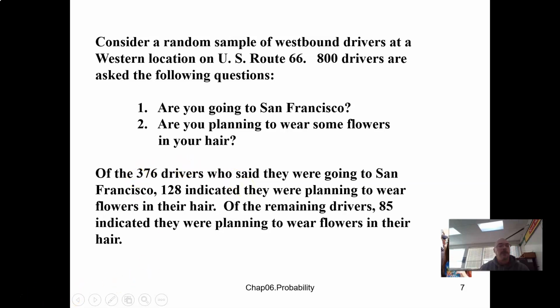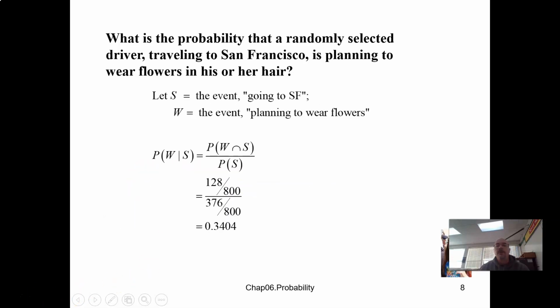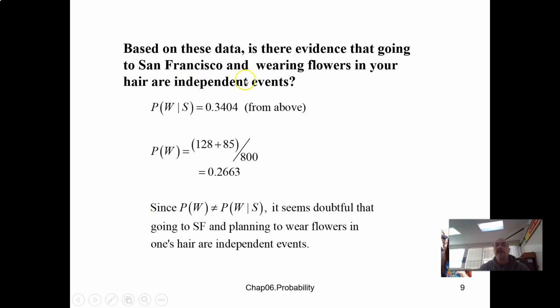Moving on. Based on these data, is there evidence that going to San Francisco and wearing flowers in your hair are independent? We find the conditional probability from above, and the probability of wearing flowers in your hair is 128 plus the 85 over 800, which is 0.2663.